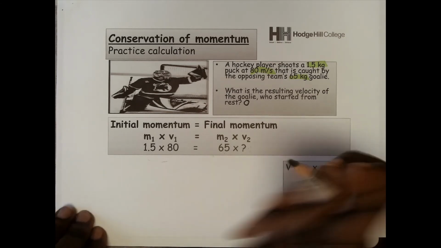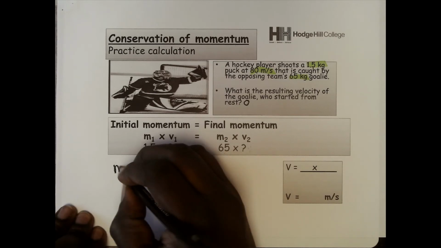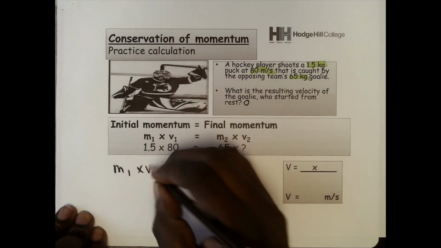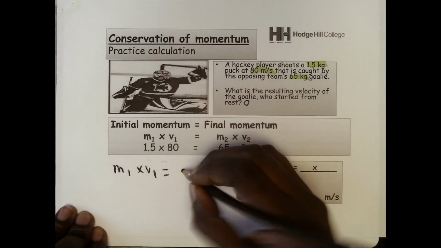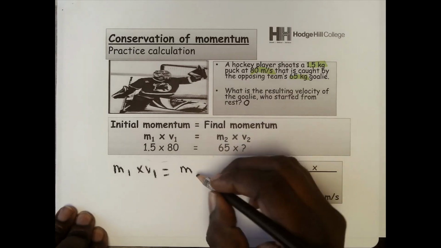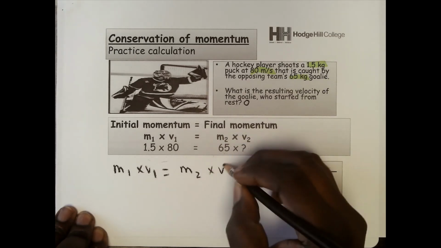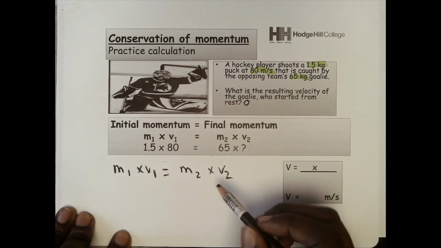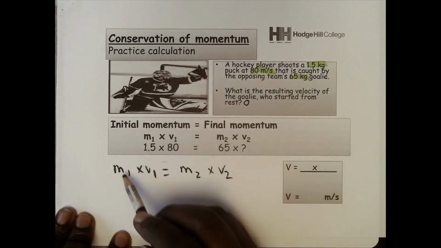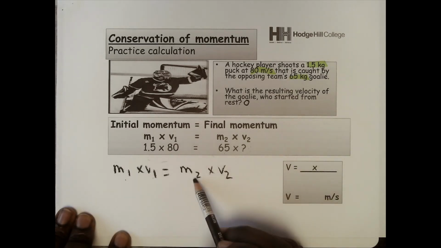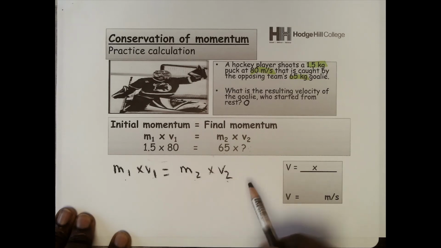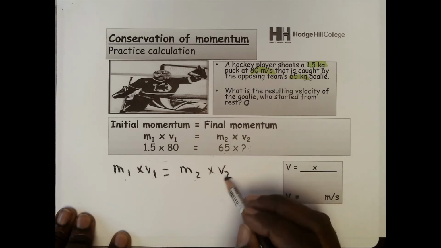So one key thing to do is to rearrange the equations. So if we rewrite the symbol equation below, we know mass 1, velocity 1, and mass 2. We don't know v2, which is velocity 2. So the key thing here is to make v2 the subject of the formula.